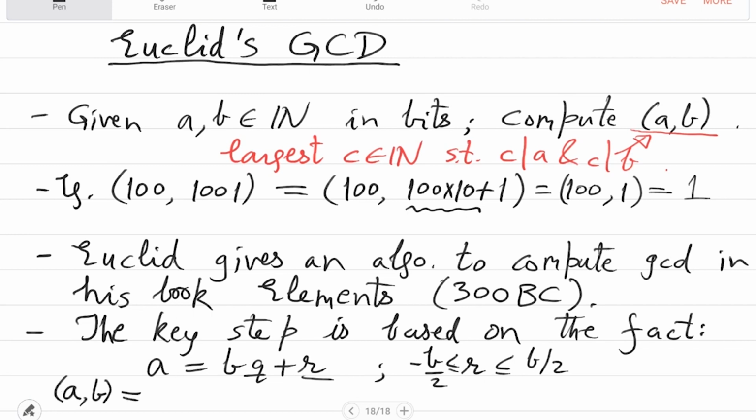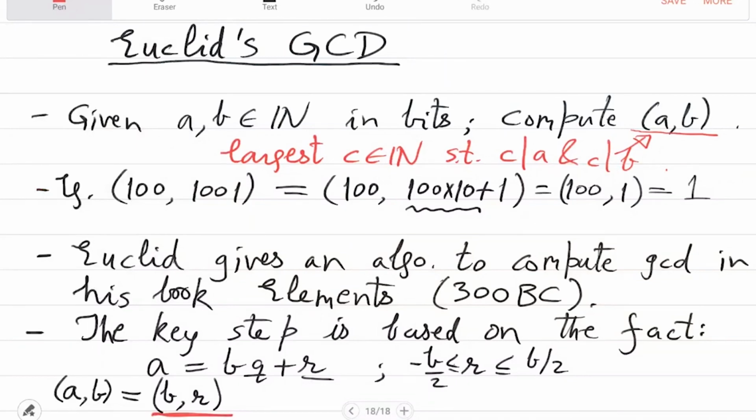So GCD of A comma B can now be simplified using R. So what is that simplification? Note that since BQ is a multiple of B and you want to take GCD with B, it does not matter what Q is. So you drop that and you get R comma B. That is the key point.